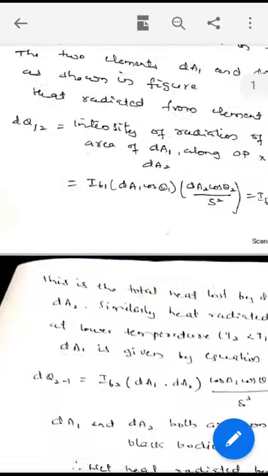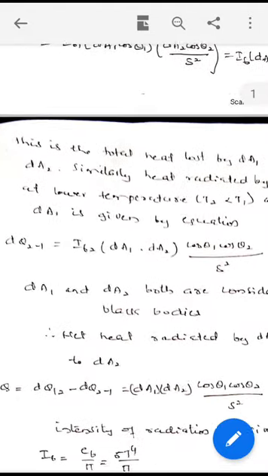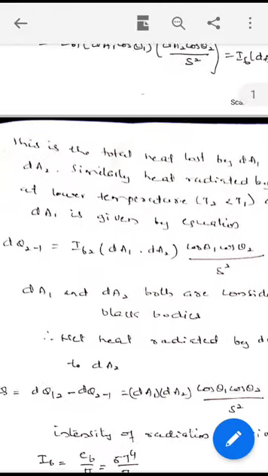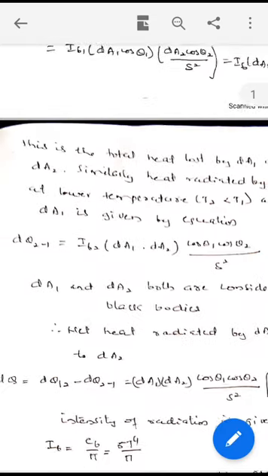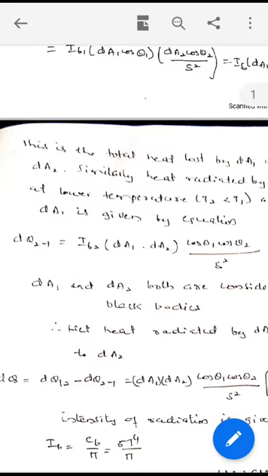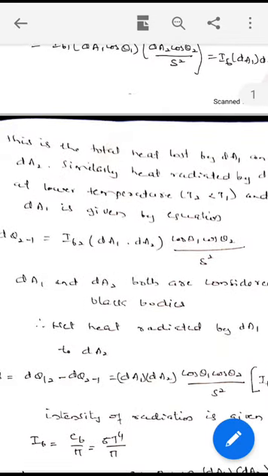Therefore, dQ21, the amount of heat radiated from 2 towards 1, is IB2 dA1 dA2 cos theta 1 cos theta 2 by S square.